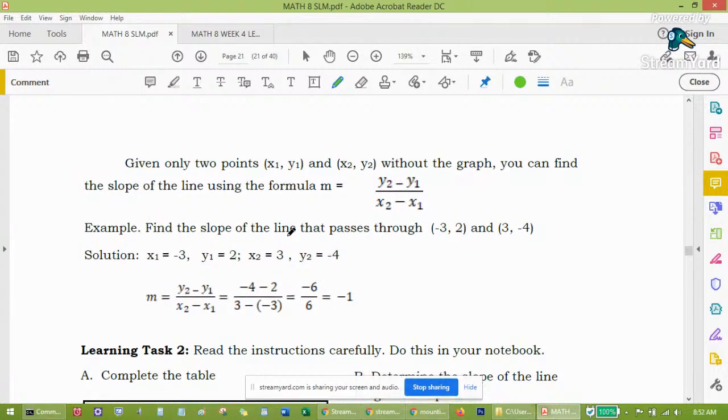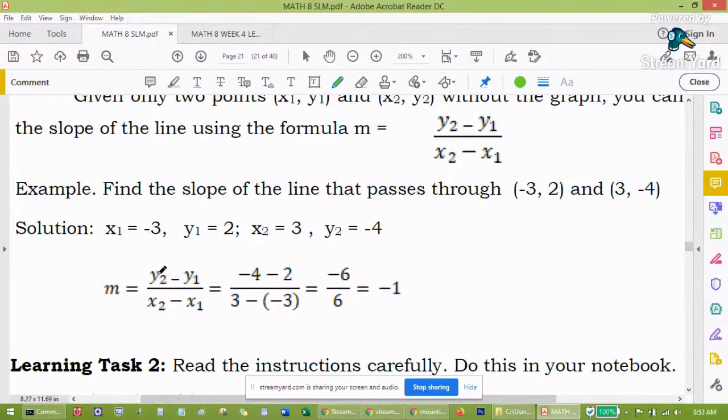So, meron tayong example dito, pinapahanap sa atin ang slope ng negative 3, 2, and 3, negative 4. Okay, so this is the formula of the slope. y2 minus y1, yung pangalawang y minus yung unang y, and then yung pangalawang x minus yung unang x.